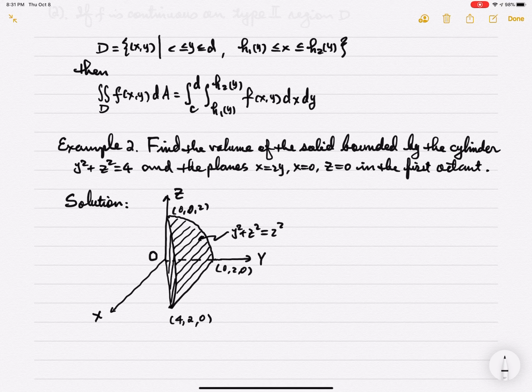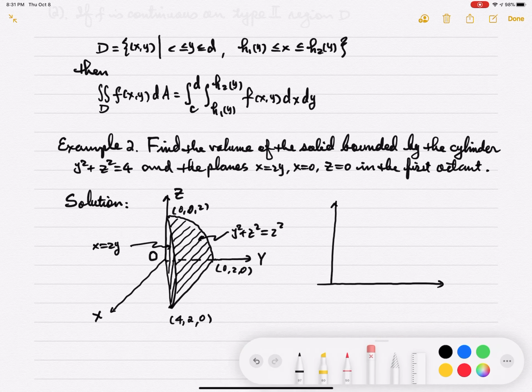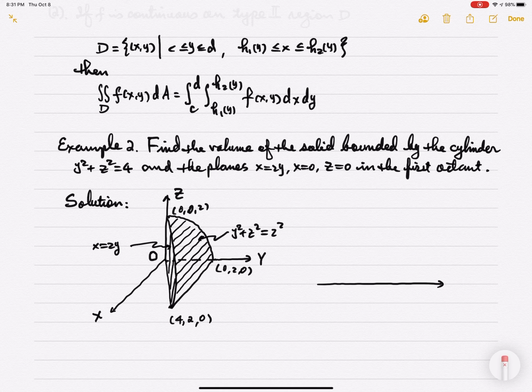And this vertical plane is x equal to 2y. Now, if you look at the planar region, this is the x-axis, and this is the y-axis.